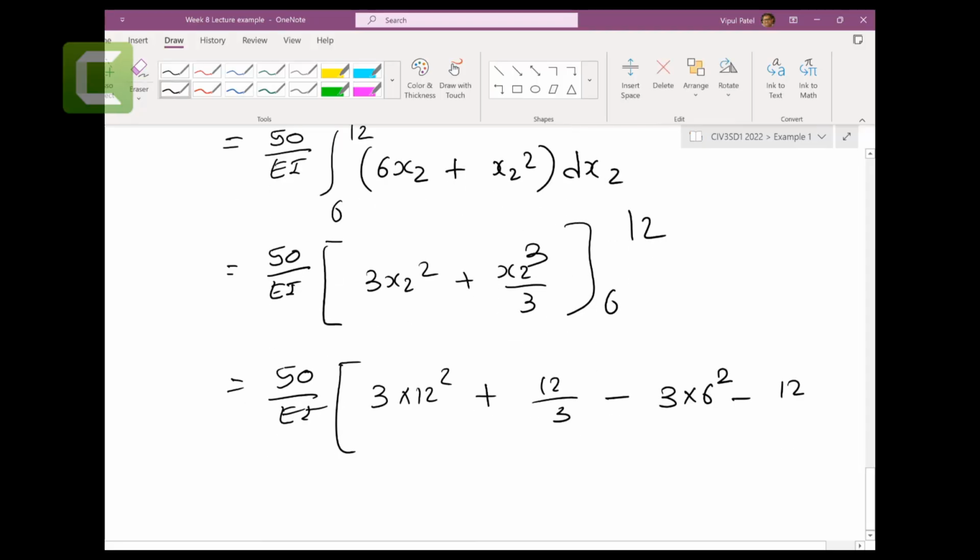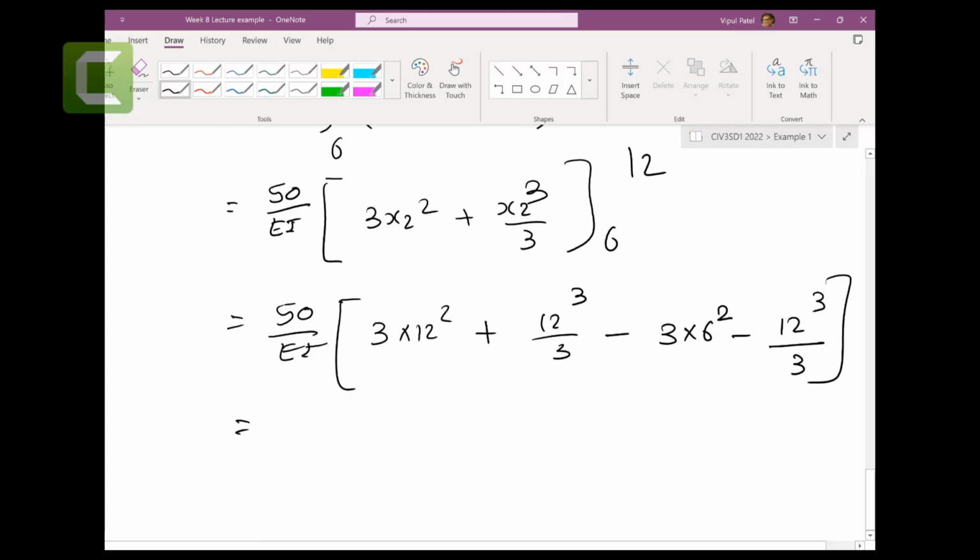So 3 times 12 squared, 12 cubed over 3, minus 3 times 6 squared minus 12 cubed over 3. So 3 times 12 times 12 plus 12 cubed over 3, minus 3 times 6 times 6 minus 12 cubed over 3.